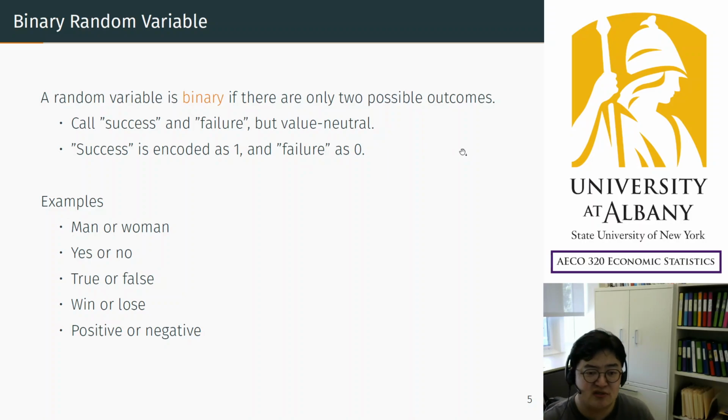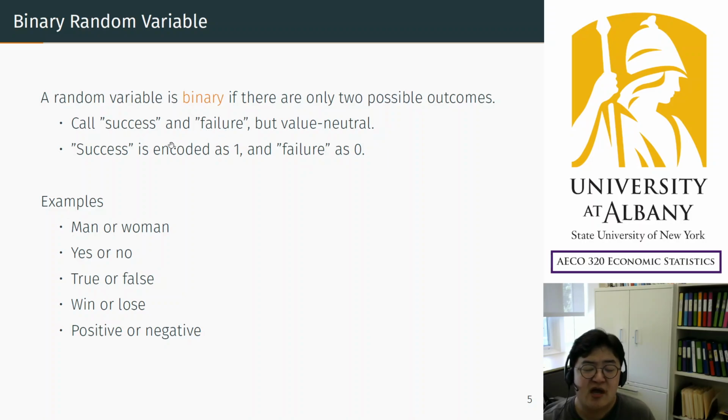As you just saw, there are different examples: man, woman, win or lose, positive or negative, yes, no, true, false. You can think about a lot of examples, but in this chapter, we are going to label them success and failure.